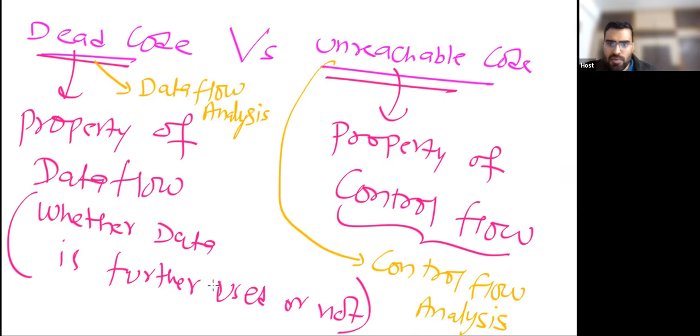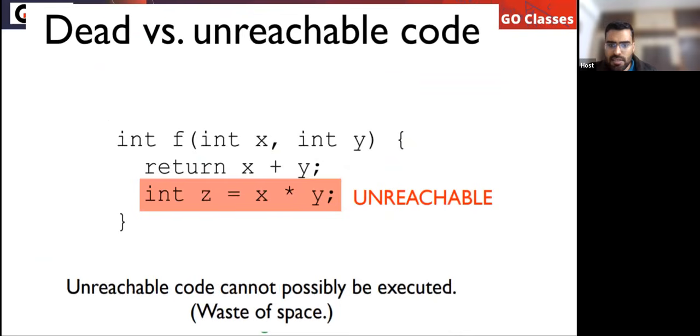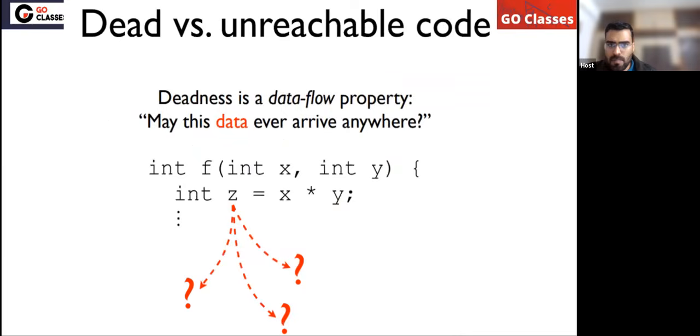In our syllabus, what do we have, data flow analysis or control flow analysis? We only have data flow analysis. We don't have control flow analysis in our syllabus. You can check the syllabus; they have explicitly mentioned data flow analysis. Okay. Is this clear?